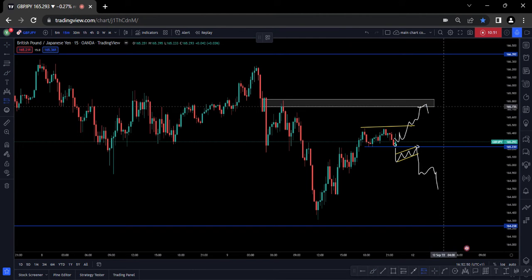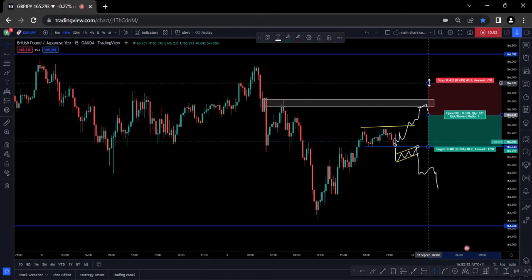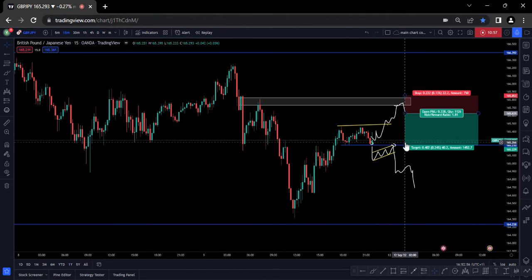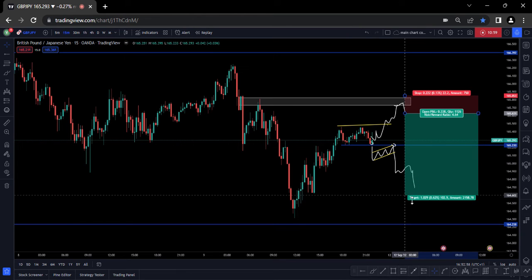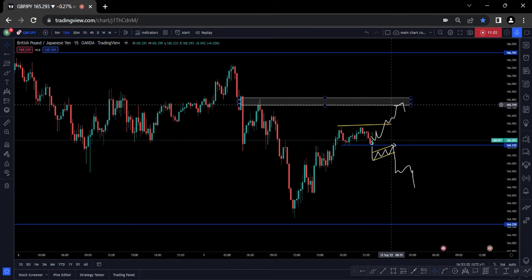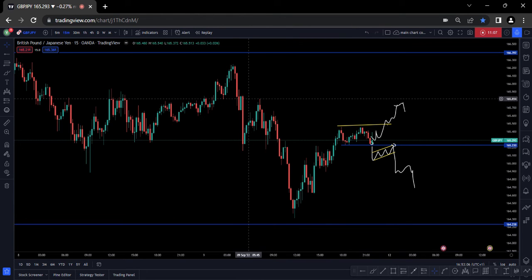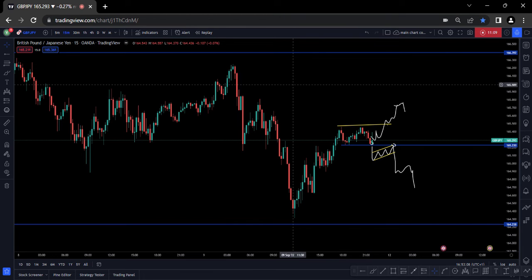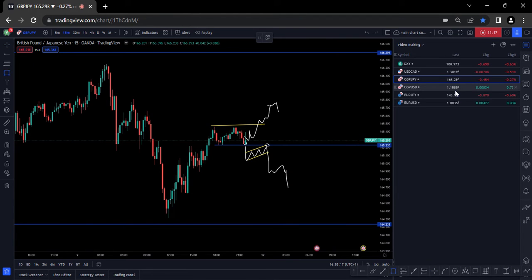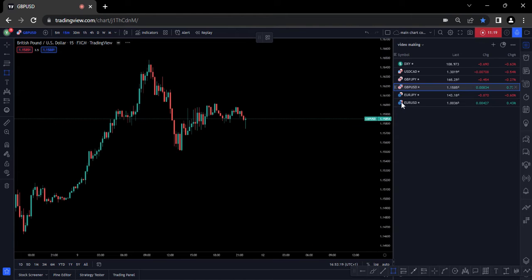Then possibly we'll be taking our sell around this area to the downside. There are so many possibilities it might bring, so we'll try to act on what the market gives us. So that's just it. Let's dive into GBPUSD.